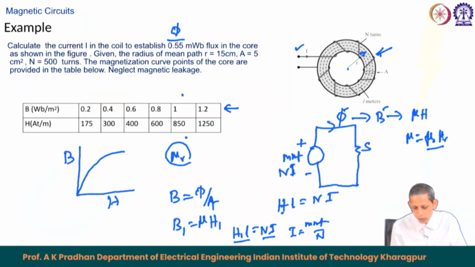The other way, we can find this mu value from that particular point, and for that mu value you can find the corresponding S value, where S is L upon mu A. From the S value you can find S into phi, and then from the mmf you can find the current required for the circuit.